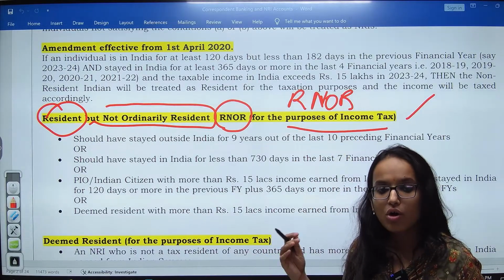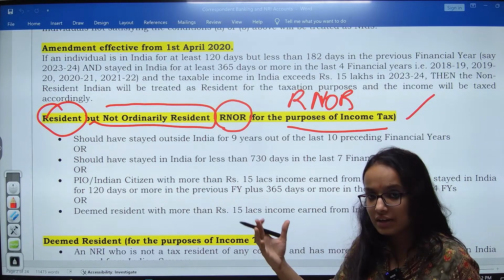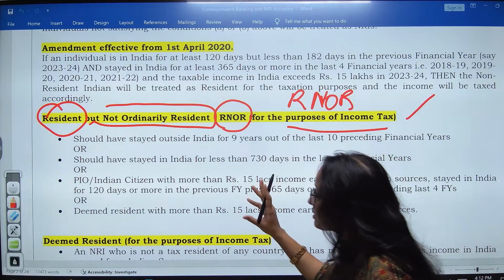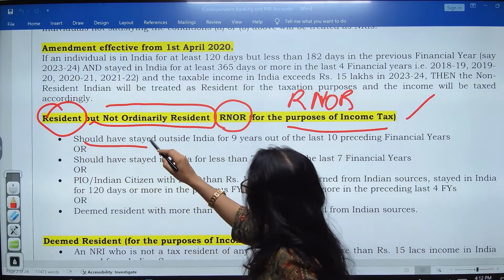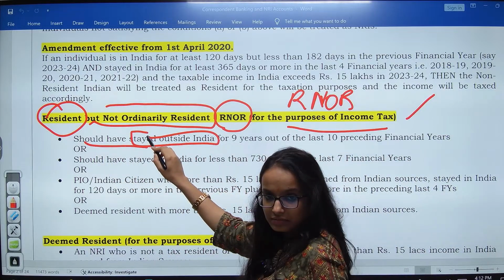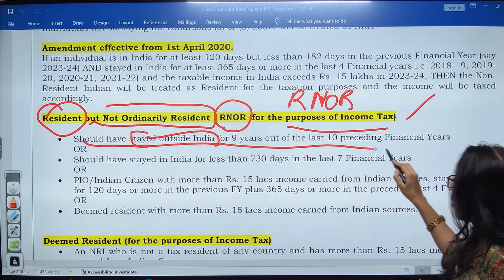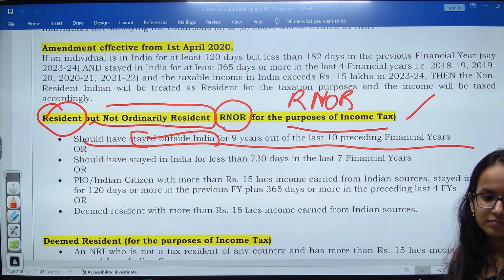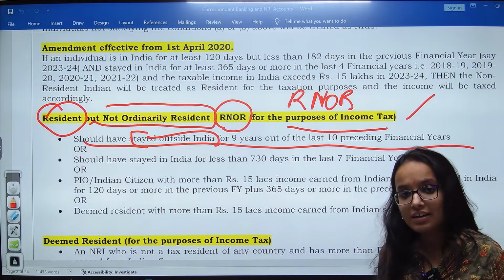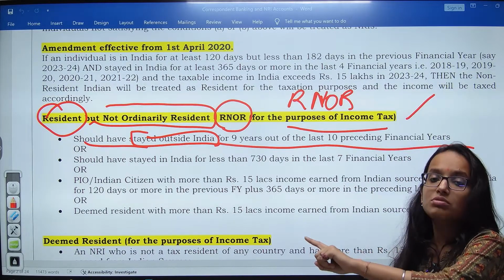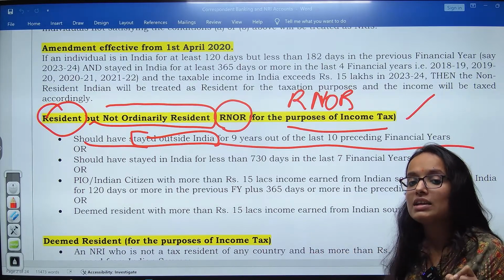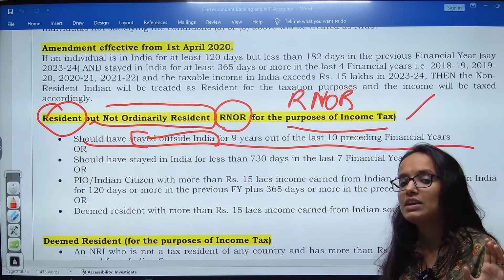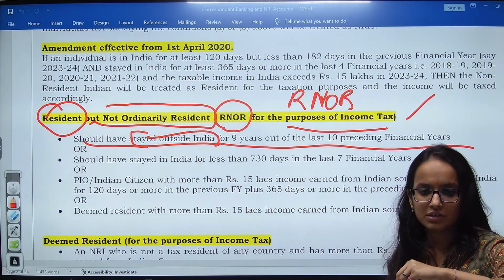First criterion: you should have stayed outside India for 9 years out of the last 10 preceding financial years, that is, you were living outside India for at least 9 years from the last preceding 10 years.